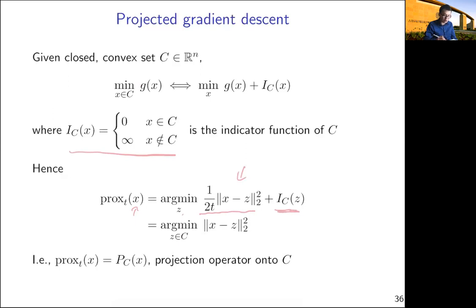So the only solution would be one that's inside the convex set and closest to your input x. By definition, this is a projection operator. In other words, the prox of x, when h is an indicator function, is a projection of the input x to this convex set C.